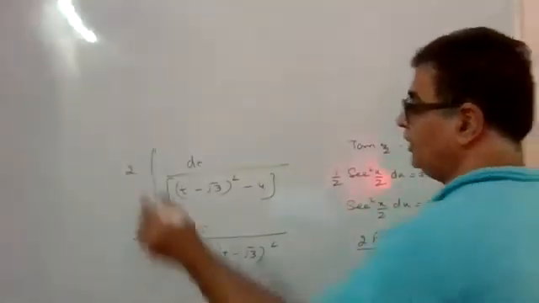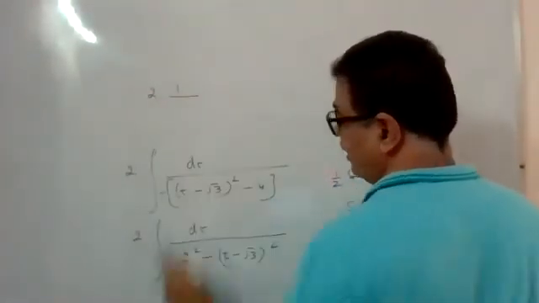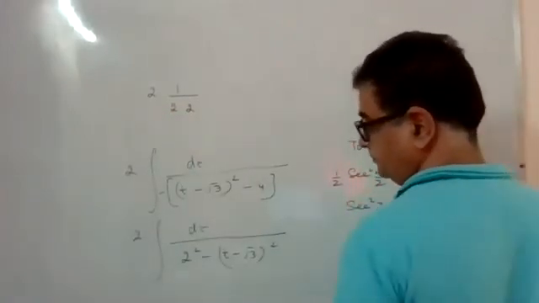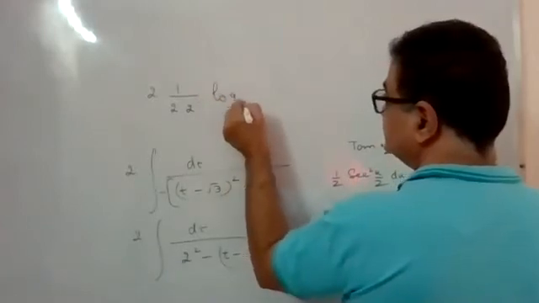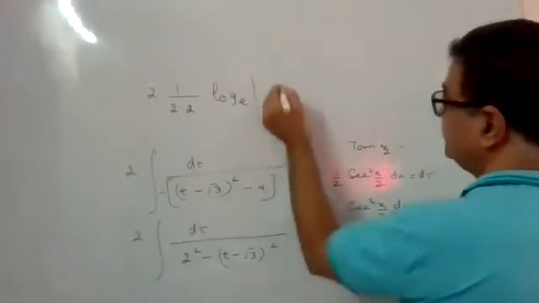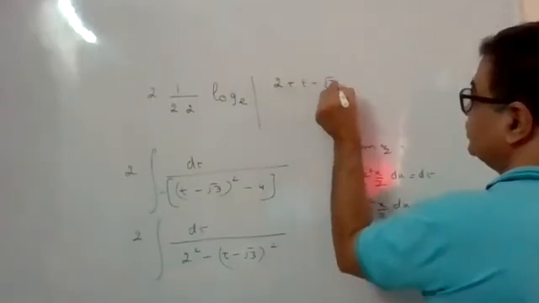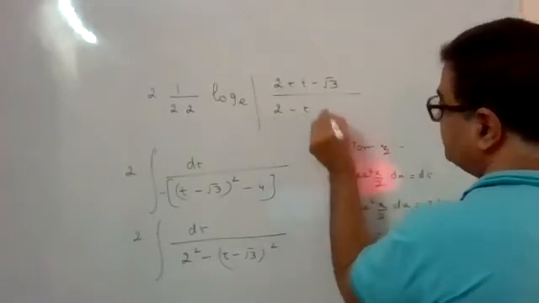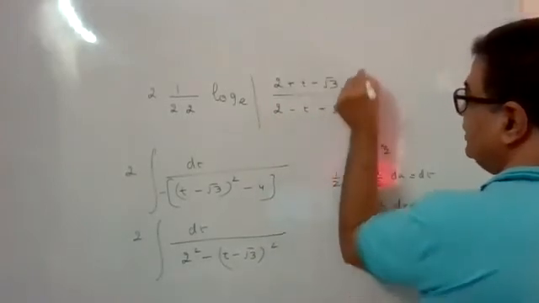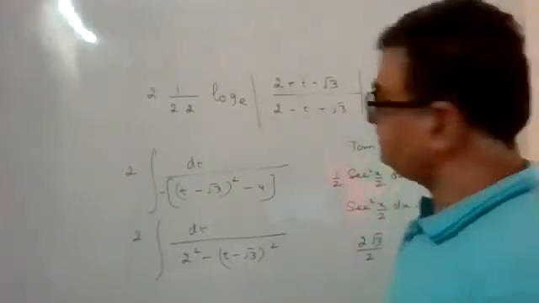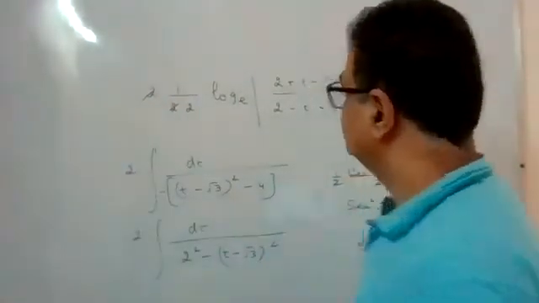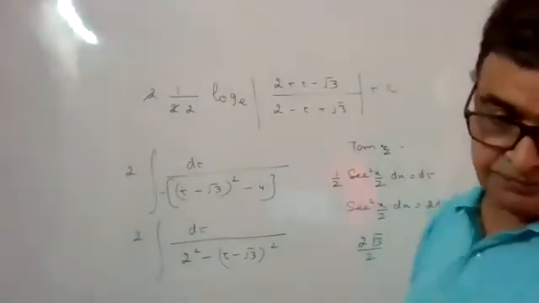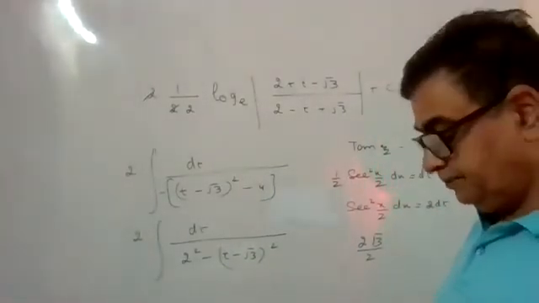Then we will apply the formula 1 by 2a log of a plus x, that means 2 plus t minus root 3 by 2 minus t plus root 3, plus c. And t will be what? tan x by 2, we replace, and you will get your answer.